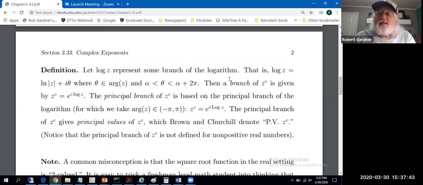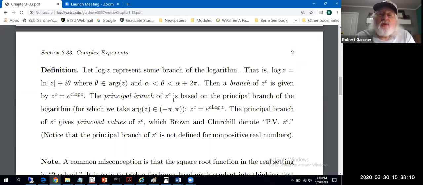So with this branch of the log, define a branch of z to the c as given by z to the c equals e to the c log z. This isn't exactly what we said above because now log represents a specific branch of the log instead of that multiple valued function stuff. We could choose the principal branch of the log and use it to define the principal branch of z to the c.